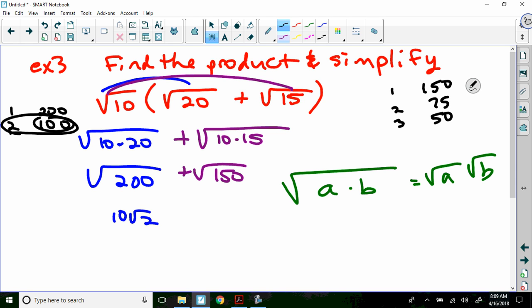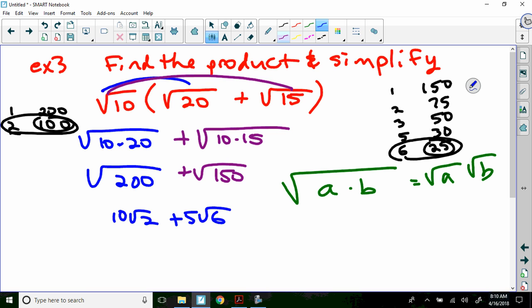Maybe it does. 4 doesn't go into it. 5 does 30 times. 3 went into it 50 times, so 6 is going to go into it half as many times as 50. So 6 and 25. Hey, there's our pair, right? So what's that rad 150 going to become? 5 rad 6. Good. Awesome. So that's going to be plus 5 rad 6.